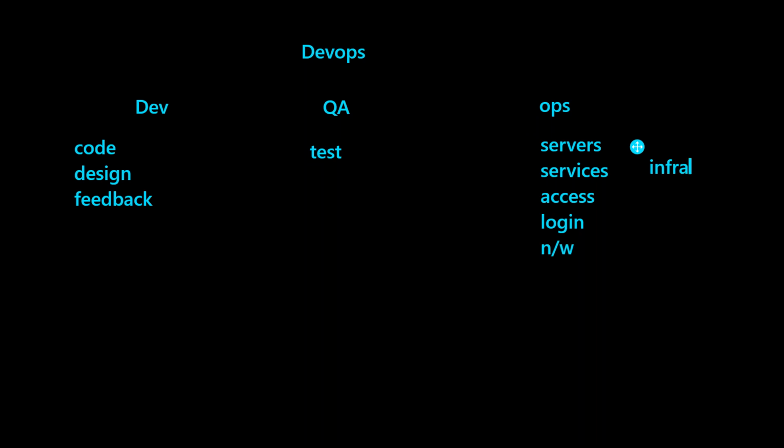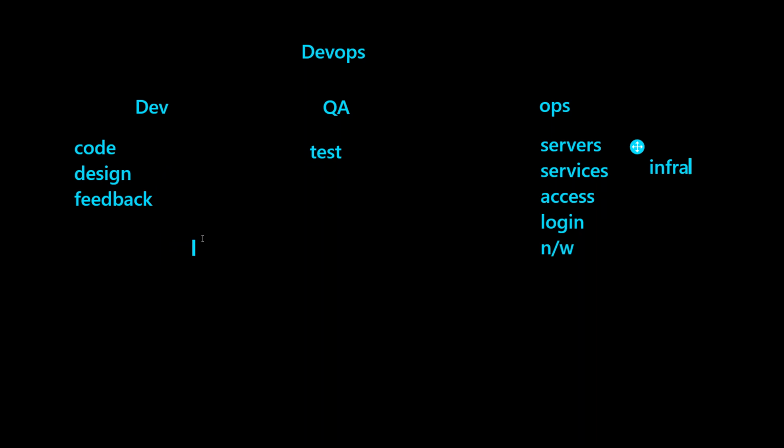And these are three different teams who work for the same application, with the same IT task. Let's say developers need some infrastructure to write the code. They may need a Linux system or a Windows operating system.